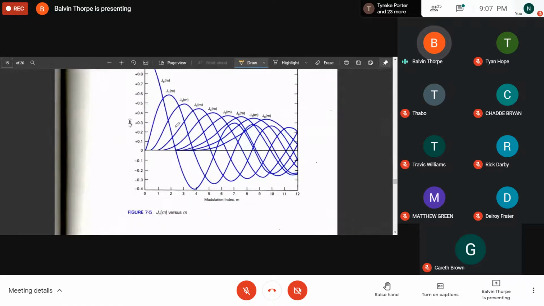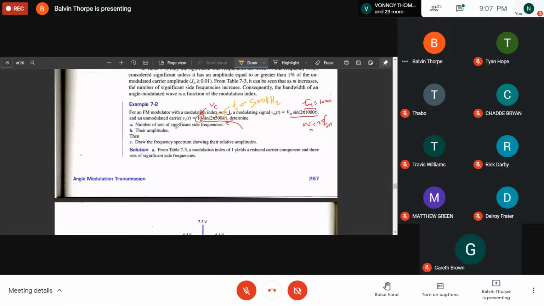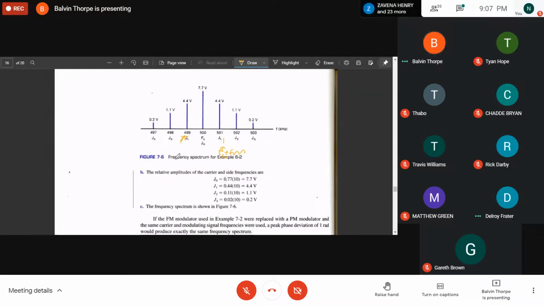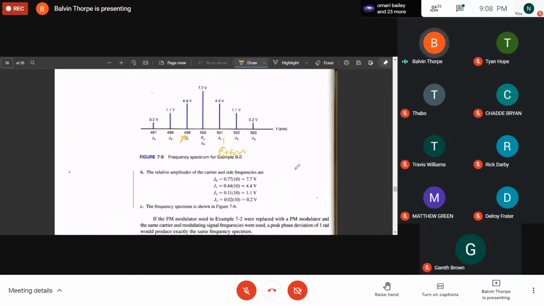And the frequencies are FC minus 2 times FM and FC plus 2 times FM. All right, you can figure the rest out. That's pretty much what I want you to understand in terms of what's happening here.